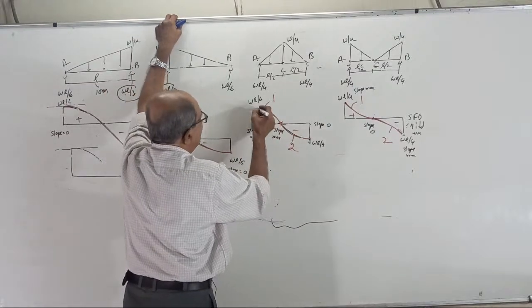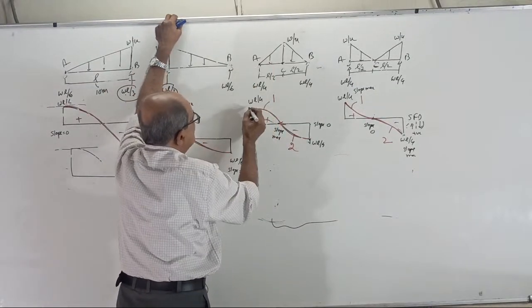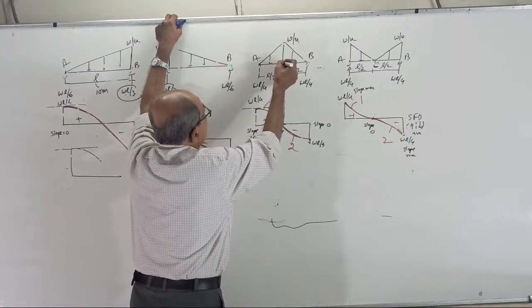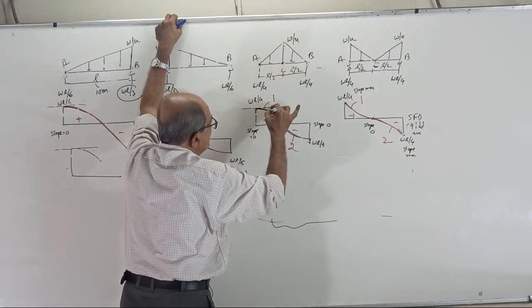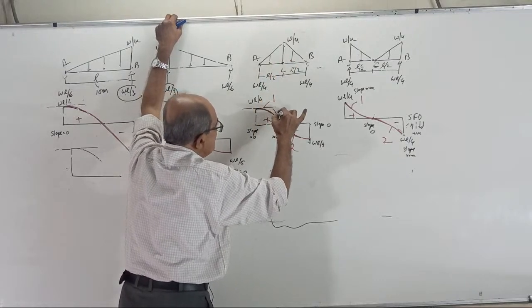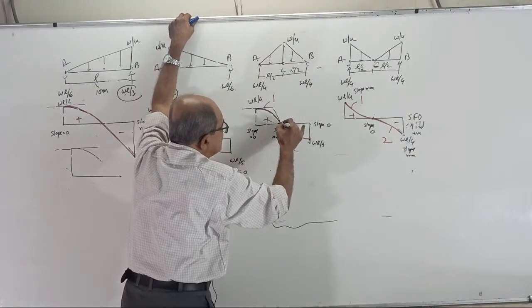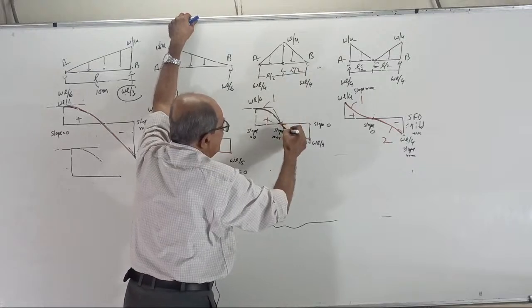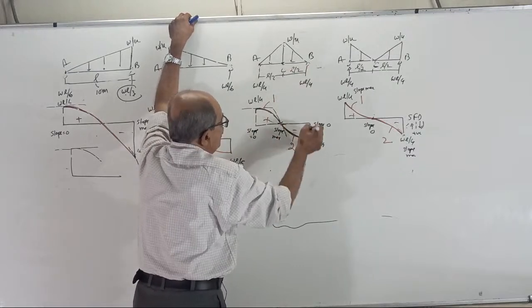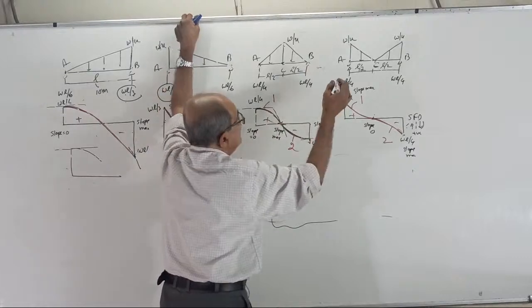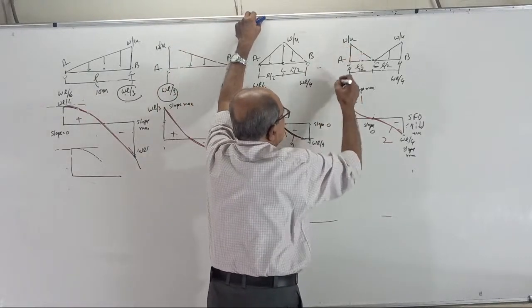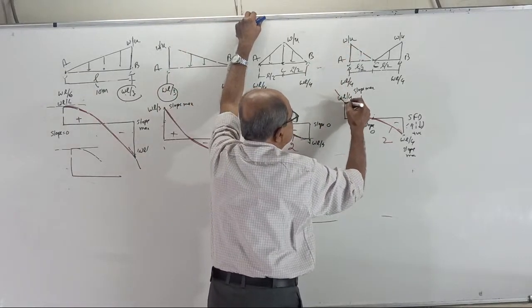Here intensity 0, 0 slope. Maximum slope, it will come and turn. Maximum slope here. Again when you start, same maximum slope. Then slope will reduce, and become 0 here. Here intensity maximum, slope is maximum.